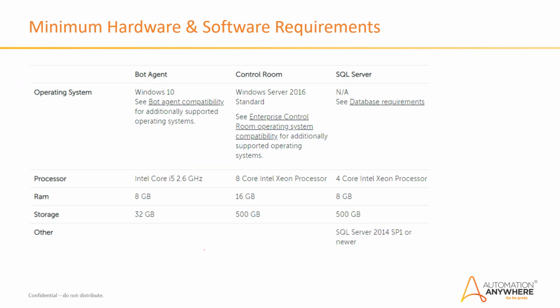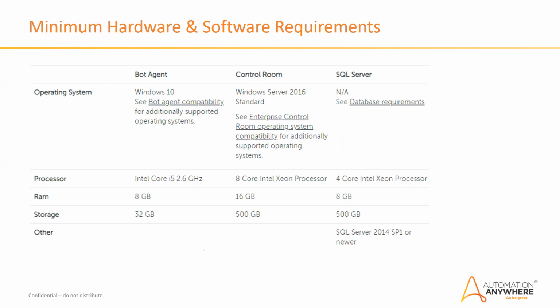On the SQL Server side of things, we do support SQL Server 2014 or newer. And obviously with Server 2016 as the operating system, and from a processor point of view, fairly similar to the Control Room server with a 4-core Intel Xeon processor, 8 gig, 500 gigabyte, and as you can see, SQL Server 2014 Service Pack 1 or newer is required.